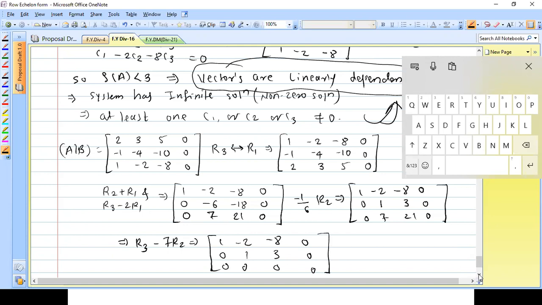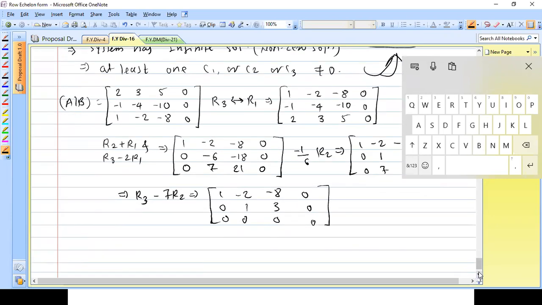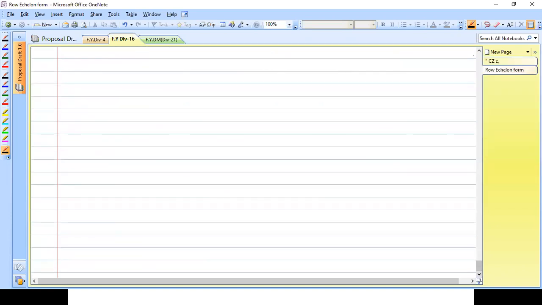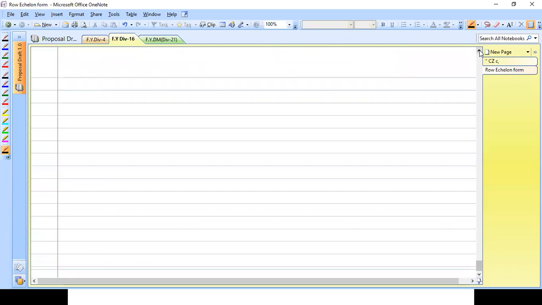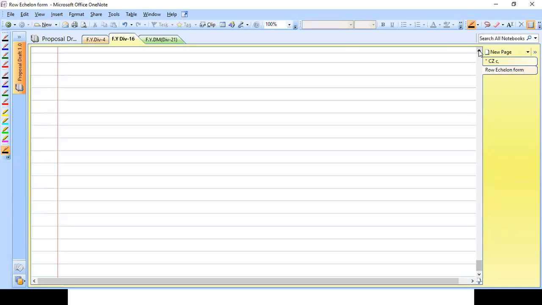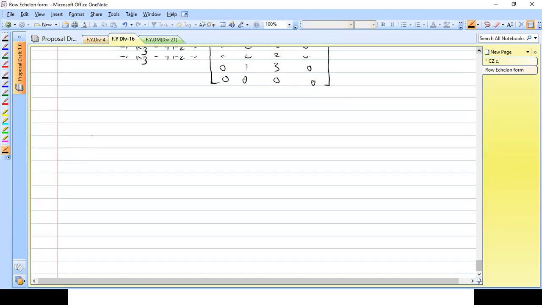Okay, so finally what you will get: the rank of the augmented matrix is equal to the rank of A, which is equal to 2, which is less than the number of variables.